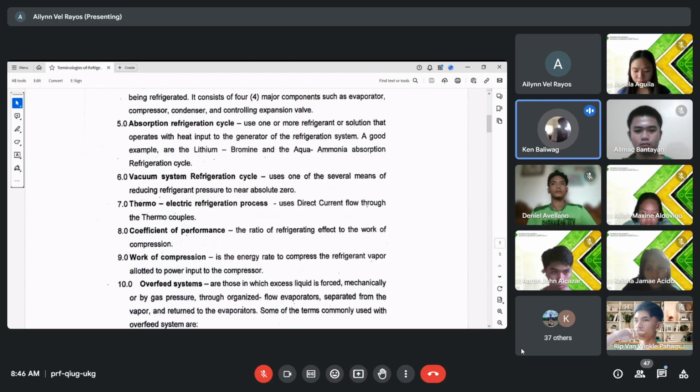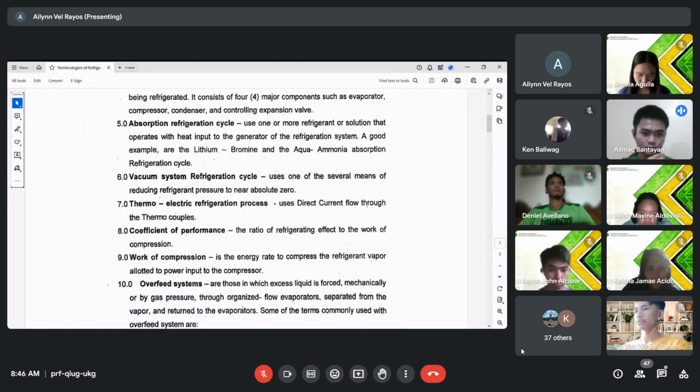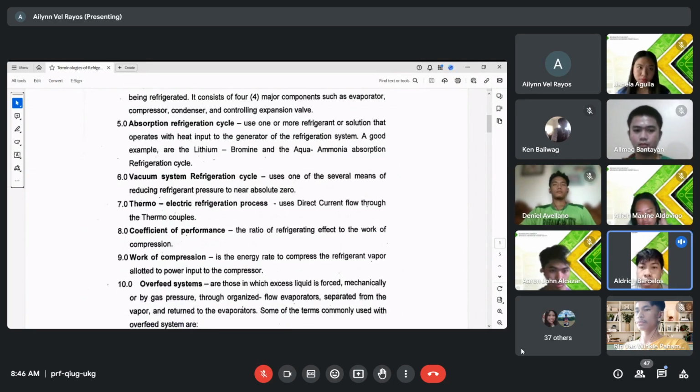Vacuum system refrigeration cycle uses one of the several means of reducing refrigerant pressure to near absolute zero. Thermoelectric refrigeration process uses direct current flow through the thermocouples. Coefficient of performance is the ratio of refrigerating effect to the work of compression.